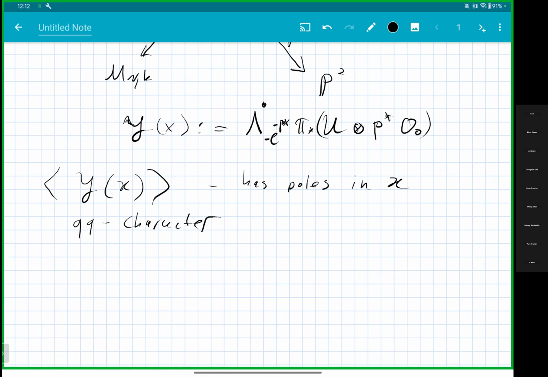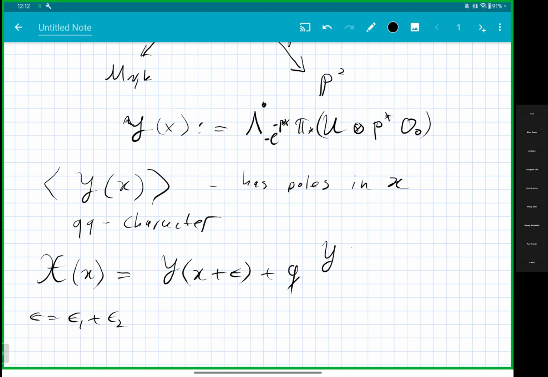It starts approximately like this. It starts with Y, epsilon 1 plus epsilon 2. And then it adds additional terms.